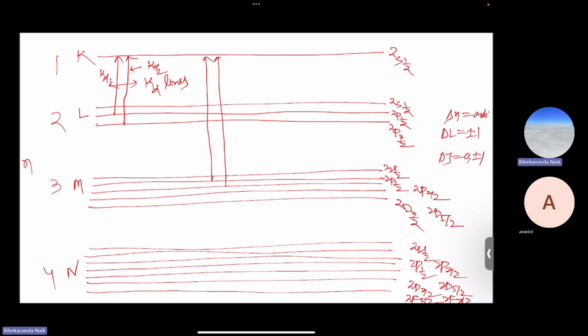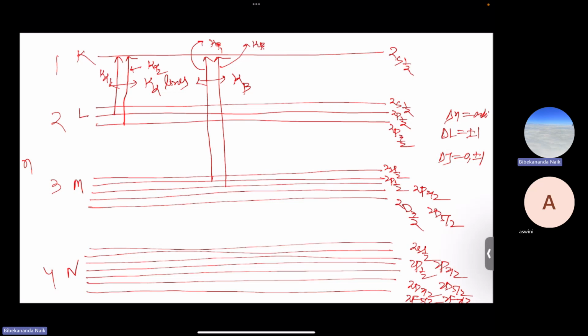No transitions will occur from D levels, because for D, L is equal to 2 and for S, L equal to 0, so delta L is 2 here. These transitions are not allowed. So only these two transitions are allowed, and these spectral lines are collectively called K beta lines. Out of these, this one is K beta 1 and this one is K beta 2.